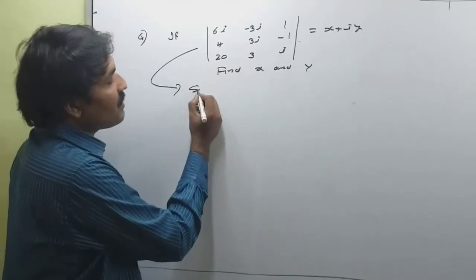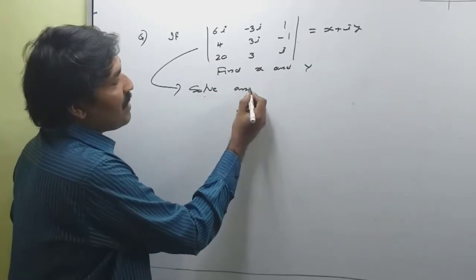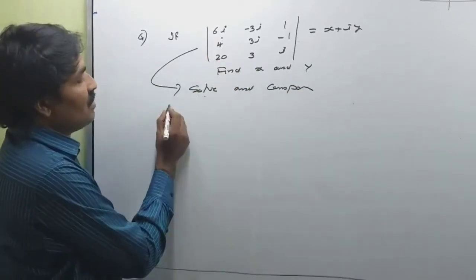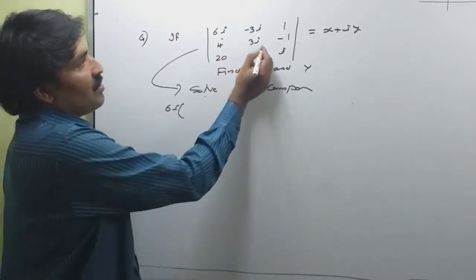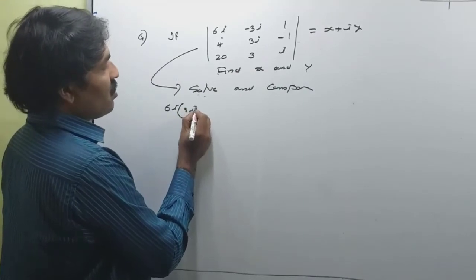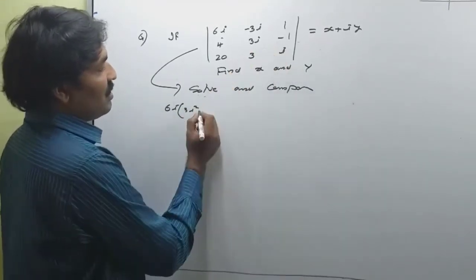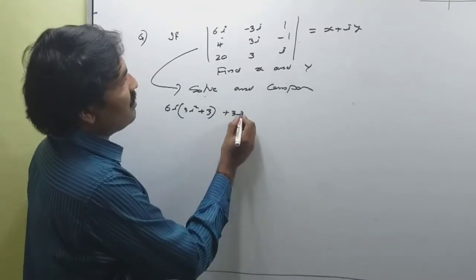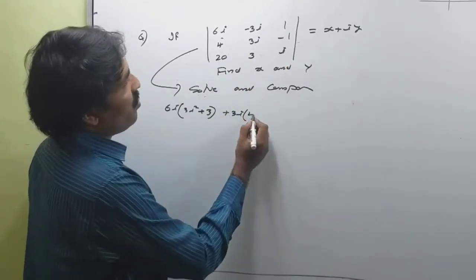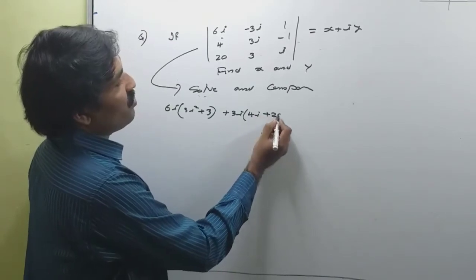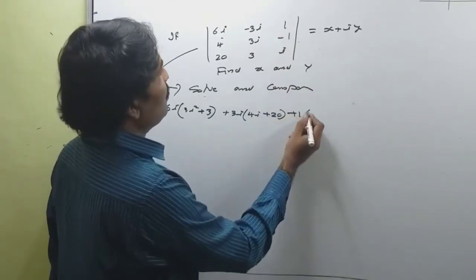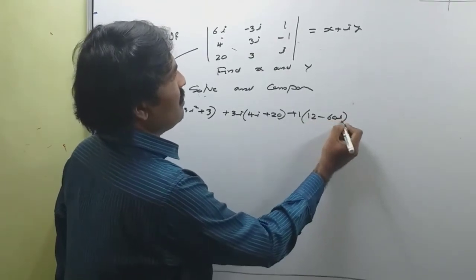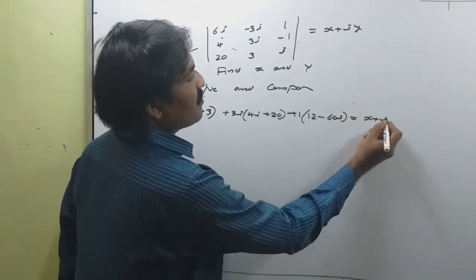Solve and compare real and imaginary terms. So this is equal to 6i into 3i square minus of minus, that is plus 3. So minus, this becomes plus 3i into 4i plus 20 plus 1 into 12 minus 16i, that is equal to x plus iy.